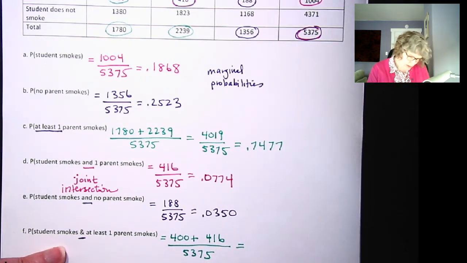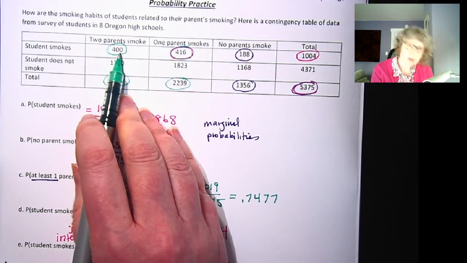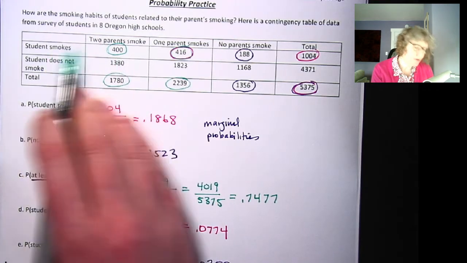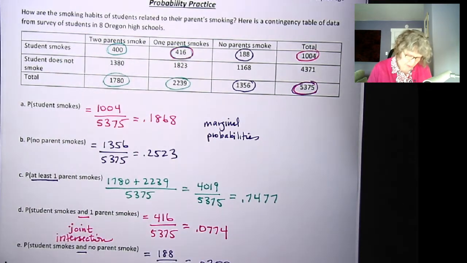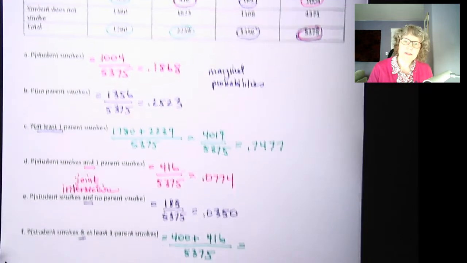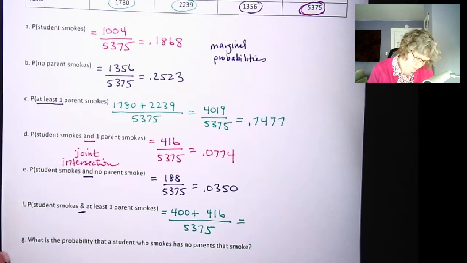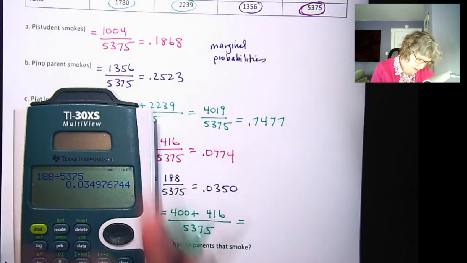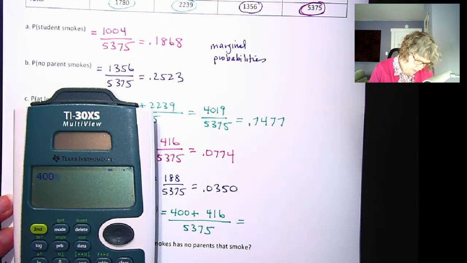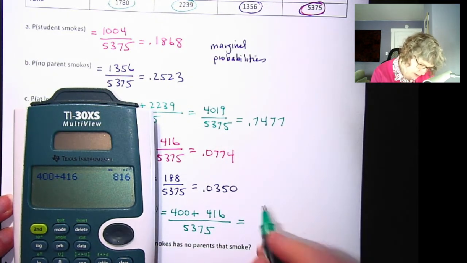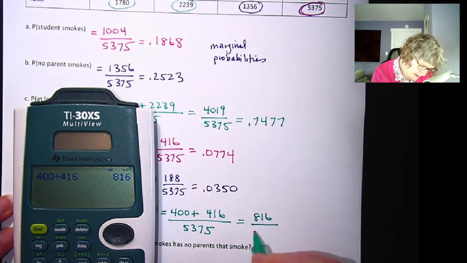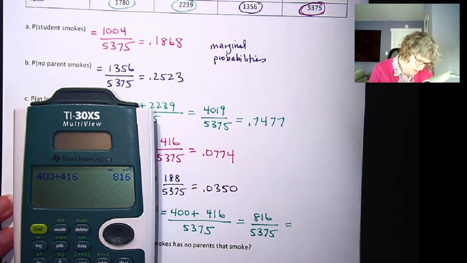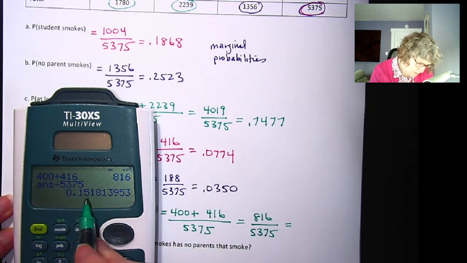It's also kind of an or in a way. It's either the student smokes and 2 parents smoke, or the student smokes and 1 parent smokes. It's a combination of 2 ands. 400 plus 416 is 816 out of 5375, which is 0.1518.